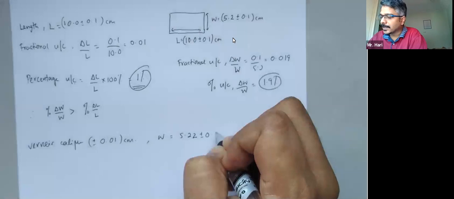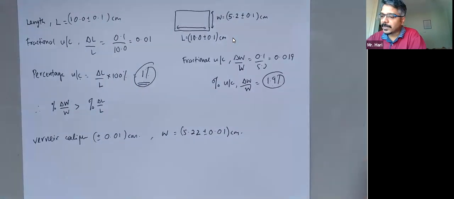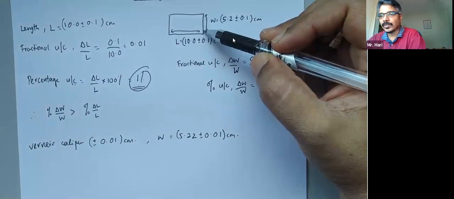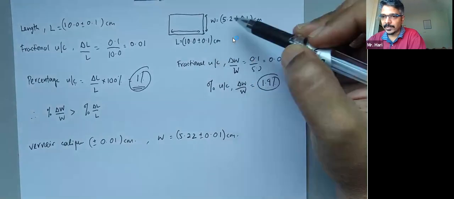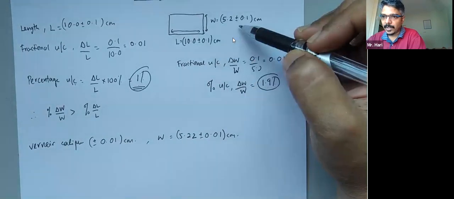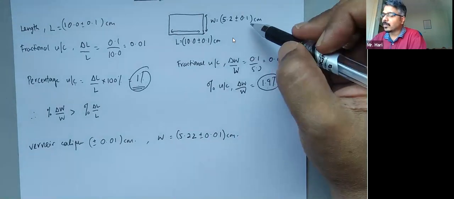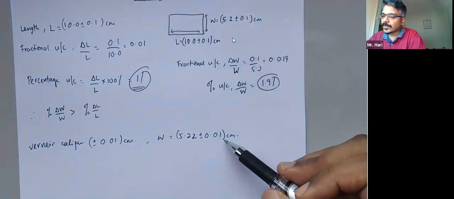It's the same physical quantity, but we are using a different tool to measure. Initially we used a meter rule, which has an accuracy of 0.1 centimeter, but here the vernier caliper has an accuracy of 0.01.